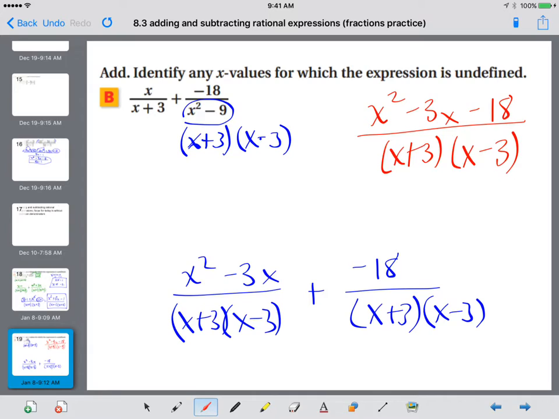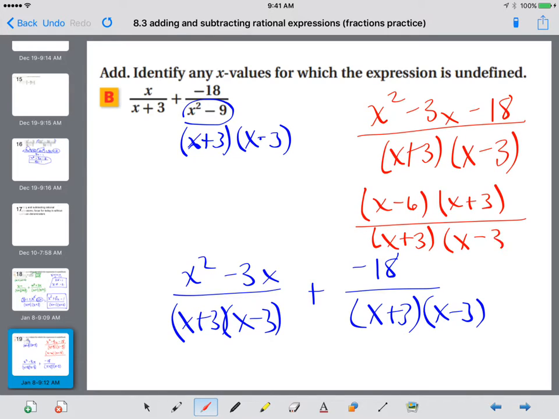Now keep in mind, if we can factor the top after we've added it, we should look into that. So can we multiply two numbers to get negative 18 and add to get negative 3? I can think of (x minus 6)(x plus 3) over our common denominator of (x plus 3)(x minus 3).